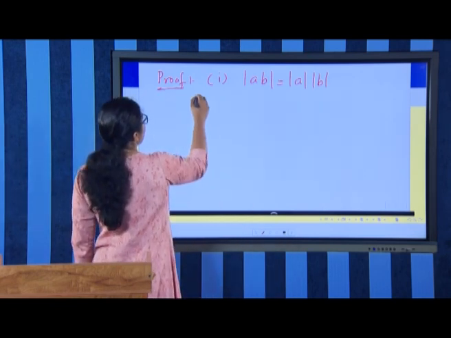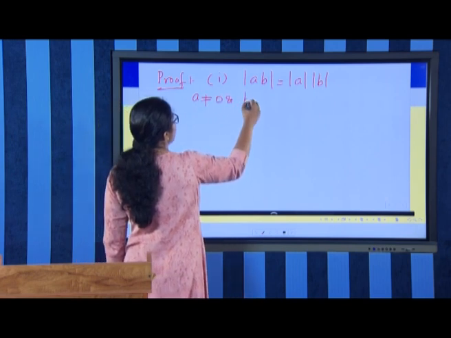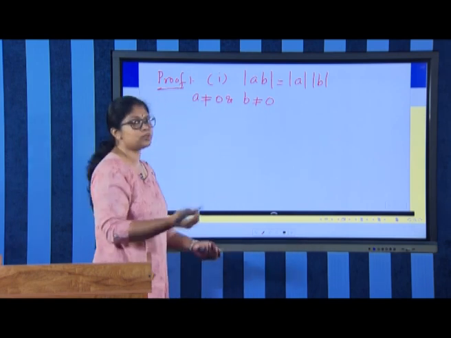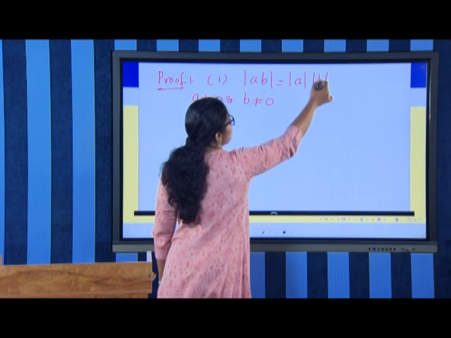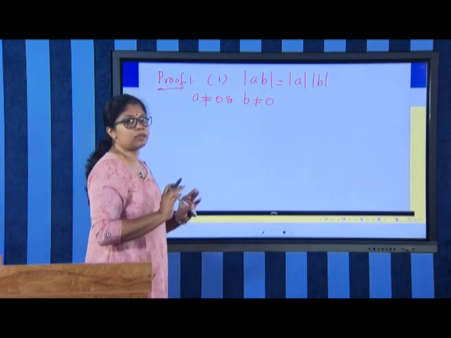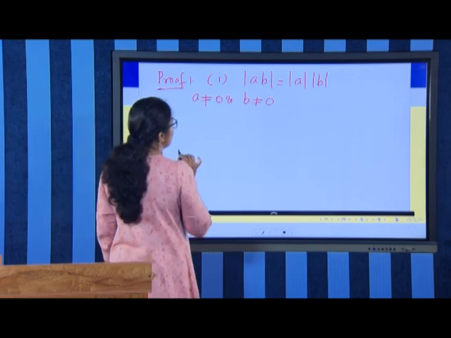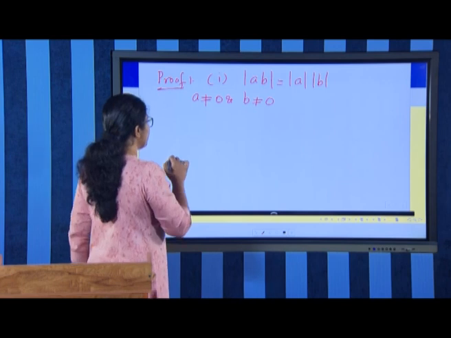We are taking the case where A is not equal to 0 as well as B is not equal to 0, because if either of them is equal to 0, this side is equal to 0 as well as this side is equal to 0, and we will be getting the proof done. So, we are considering without loss of generality that A and B are both non-zero real numbers.